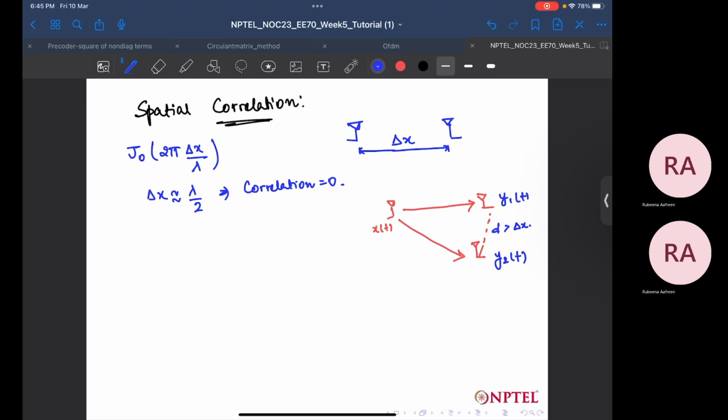So if any one channel is broken, communication is still happening, right? This is the basic concept behind why we moved from single input single output communication to multiple antenna communication.